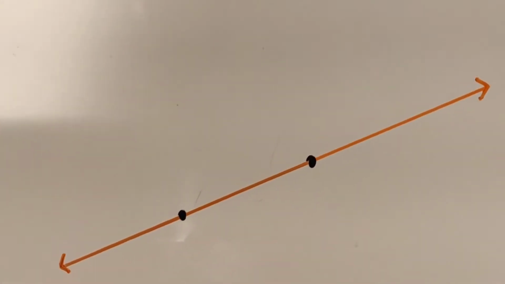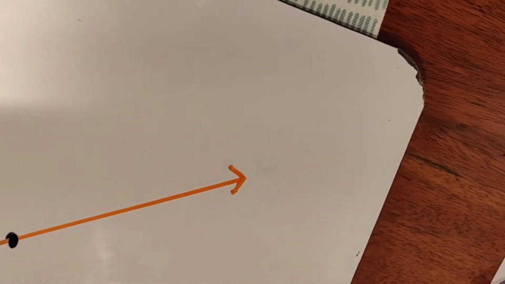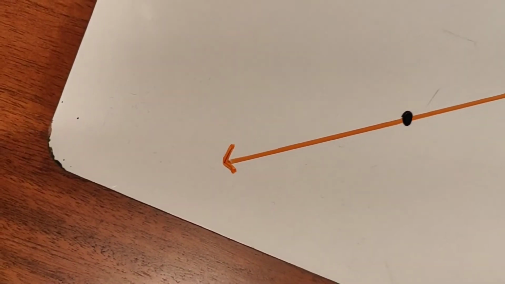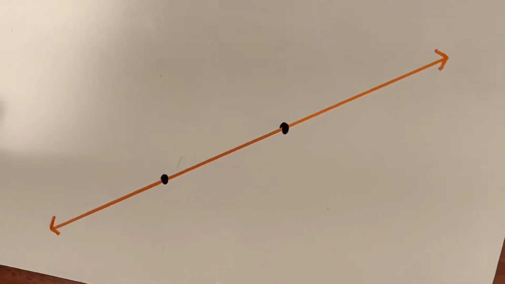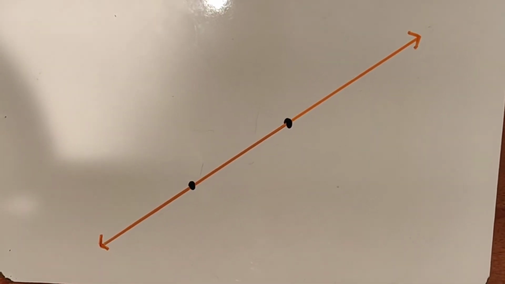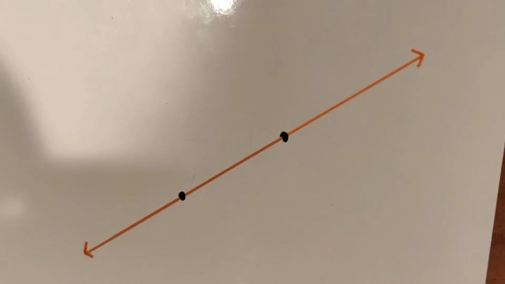So this line would keep going in this direction forever and ever, and it would also keep going in this direction forever and ever. And that's what makes it a line, the fact that it keeps going in both directions forever and ever, as indicated by the arrows on the end of the line.